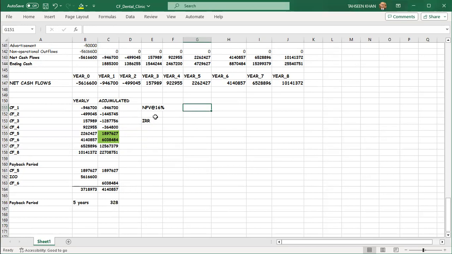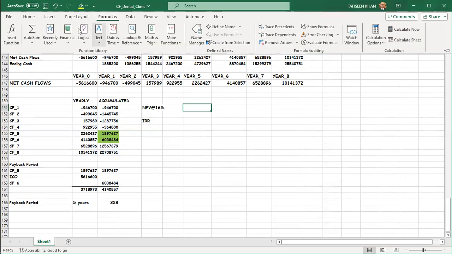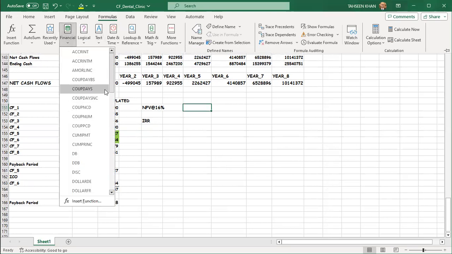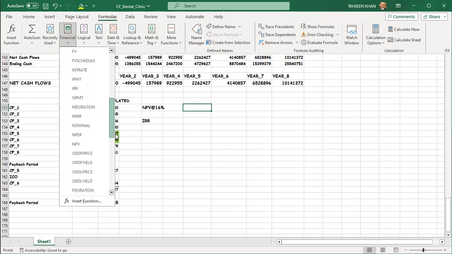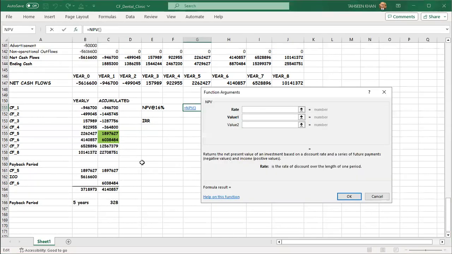Now we are going to calculate the net present value. Here we have considered our expected return equal to 16%. So you can change according to your expectation. Now we are going to calculate the net present value. Move towards formula. Here we have the financials. Here you can see net present value. First of all, you will enter the rate.